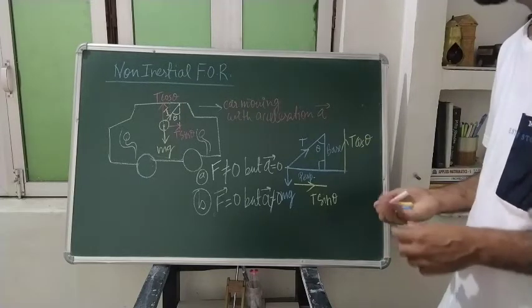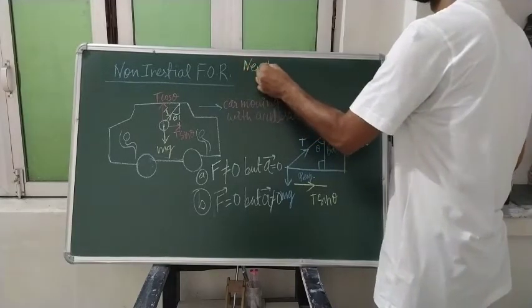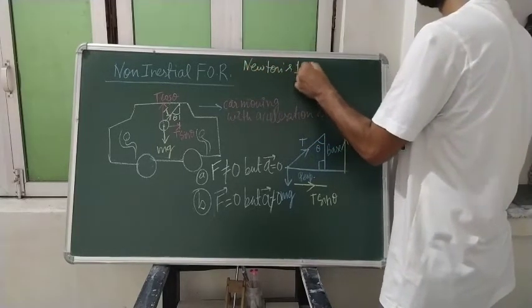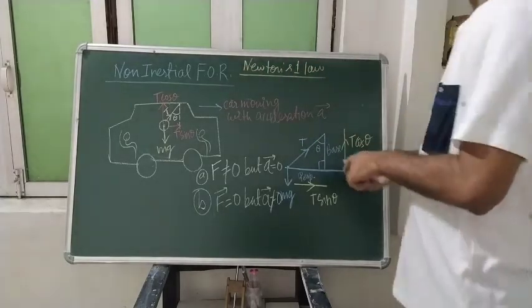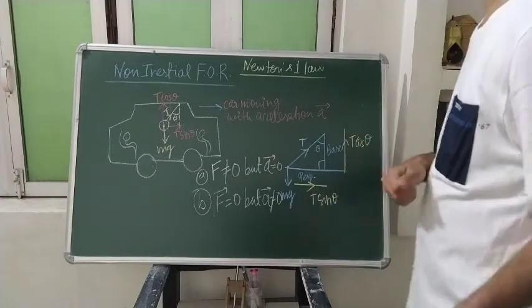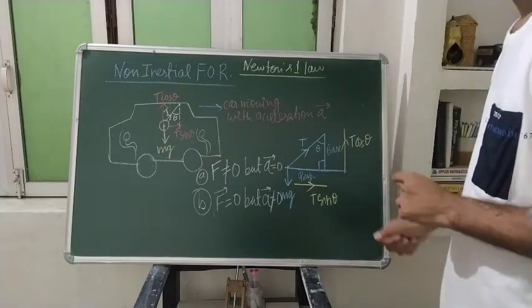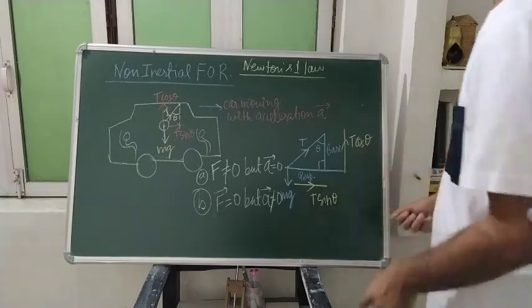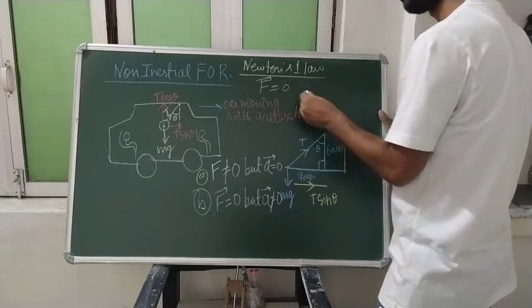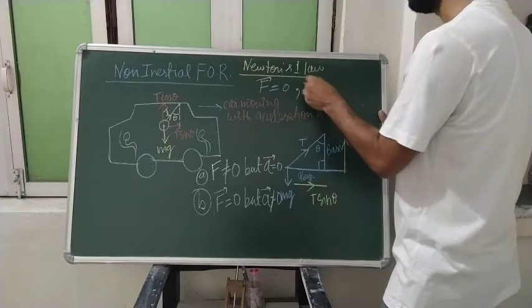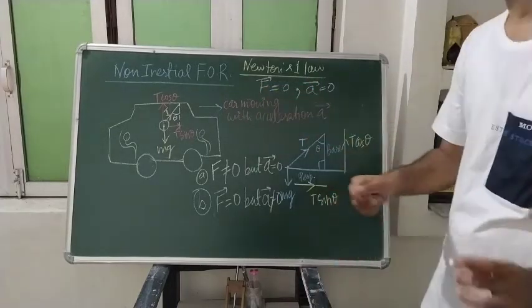Is it? So what is Newton's first law? Newton's first law says that an object will be at rest or in motion until and unless a force is applied on it, that when the force equals 0, the acceleration will be equal to 0, or when you apply some force, it will accelerate.